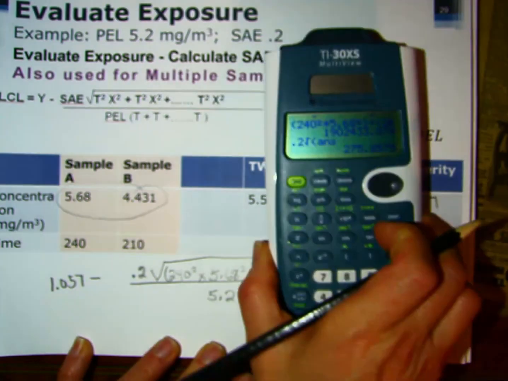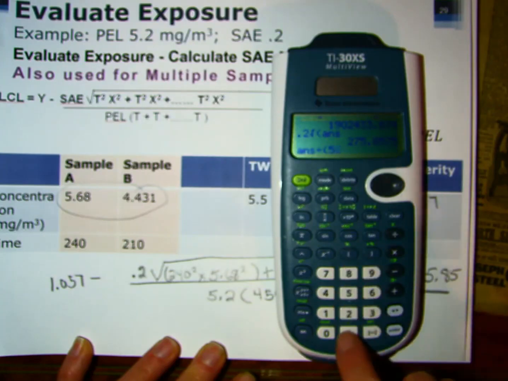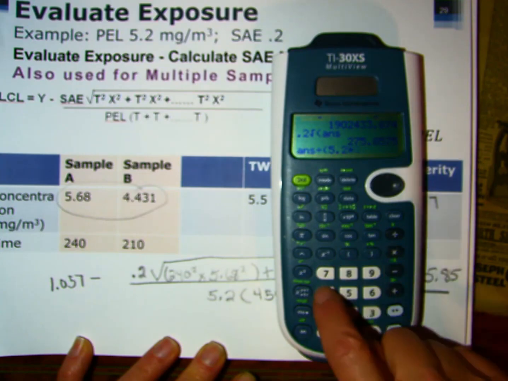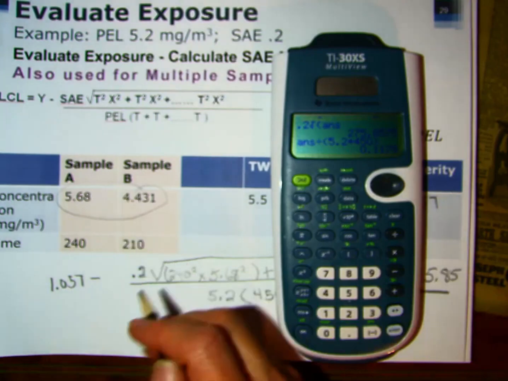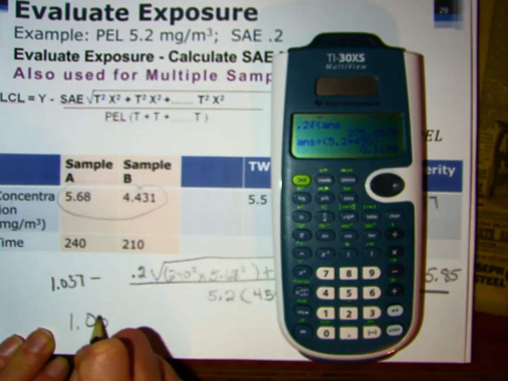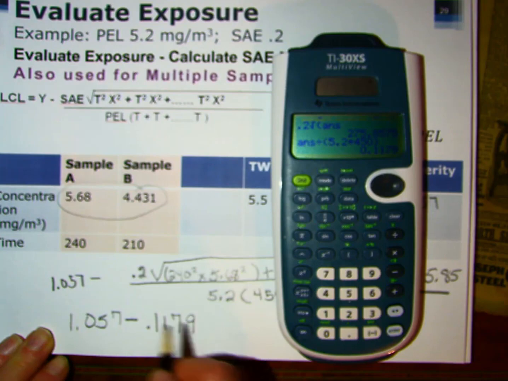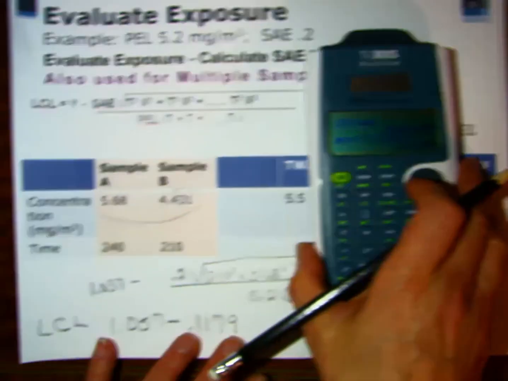So I have that over, divided by, the PEL times the sum of time, and this will give me 0.1179. This is my lower confidence limit.